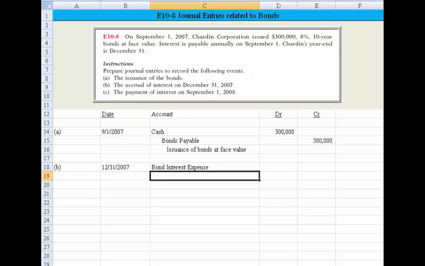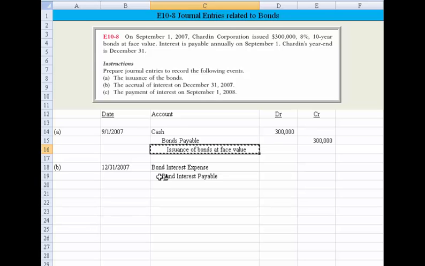And the offset, of course, is bonds payable, since we're only recording the accrual for, what is this, September, October, November, December, 4 months. Okay, so we will indent that. And then I'll also indent one other.